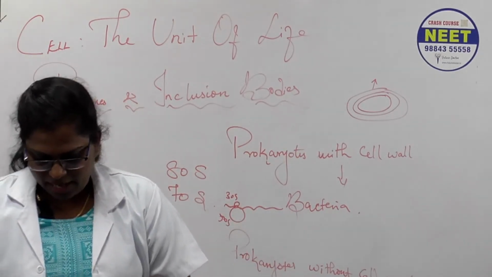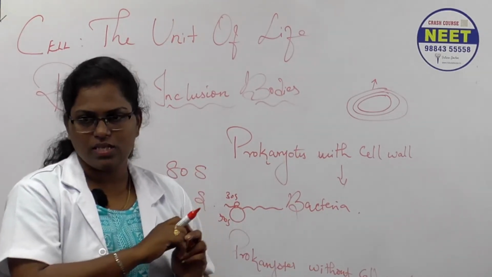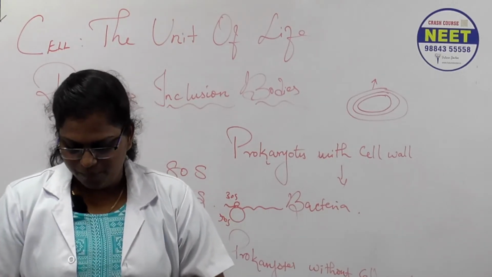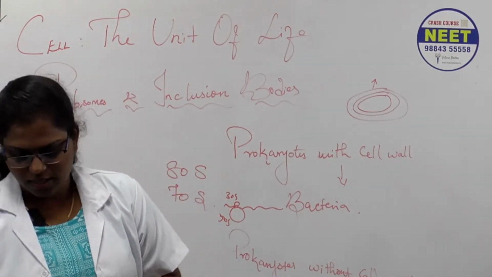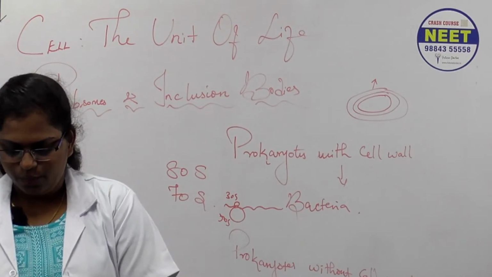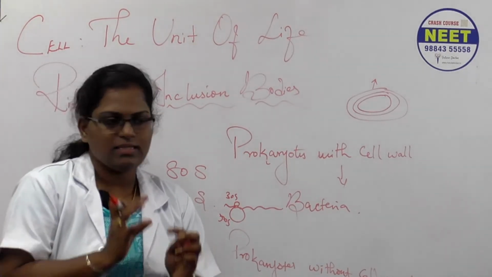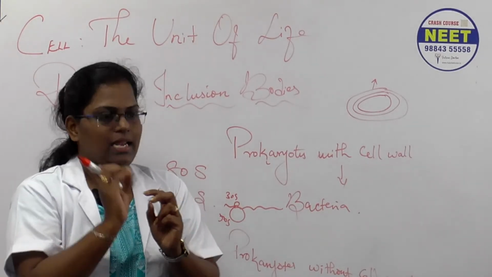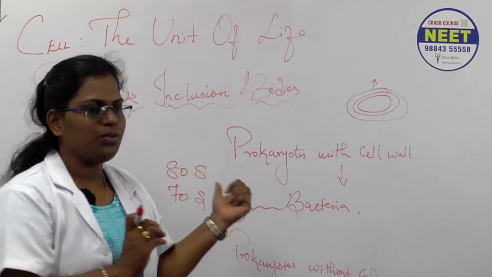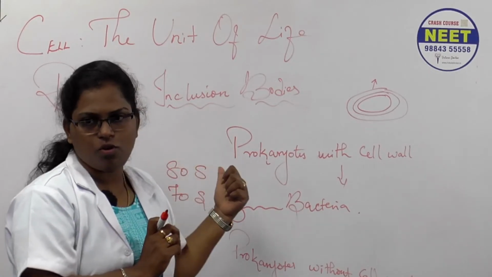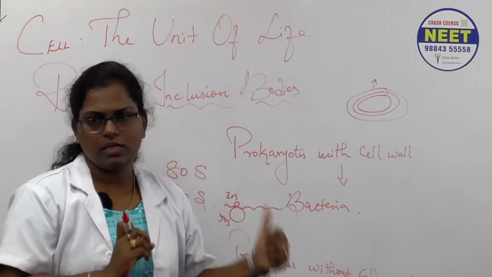First we are going to see the prokaryotes. In prokaryotes, ribosomes are associated with the plasma membrane. The cell has a plasma membrane, and the ribosomes are associated with it in prokaryotic cells.